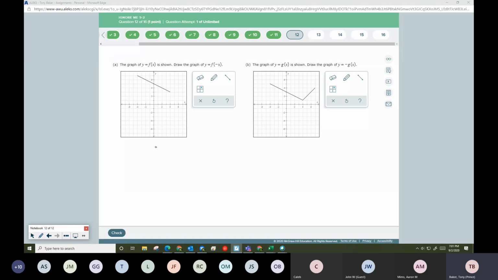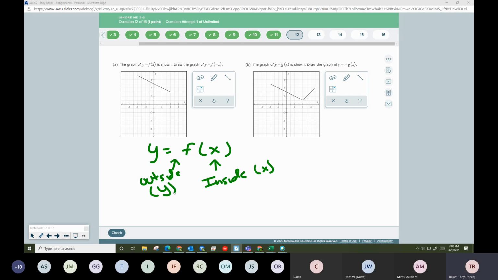So inside, we have y equals f of x. If I'm doing something inside, that's being done to the x. If I do it outside, I'm doing it to the y.